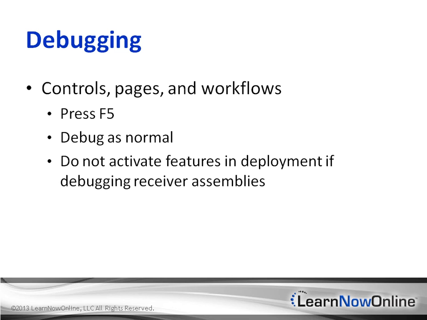One thing to keep in mind though, if you have event receivers and you want to debug when the feature gets activated, you want to make sure that you don't include the feature activation in your deployment configuration.